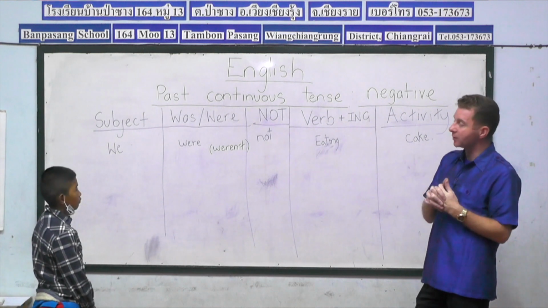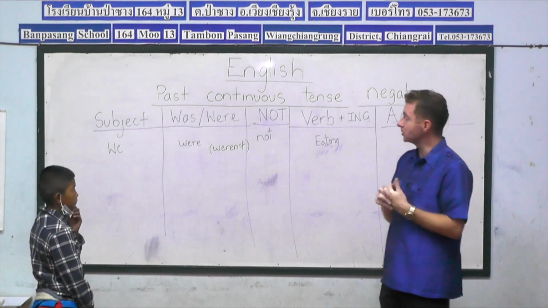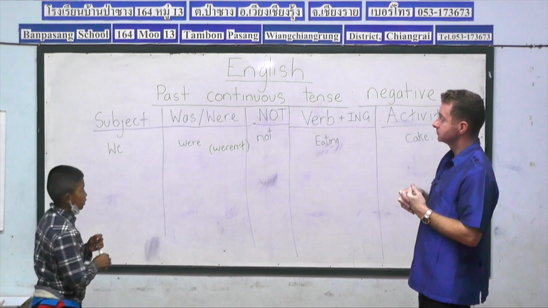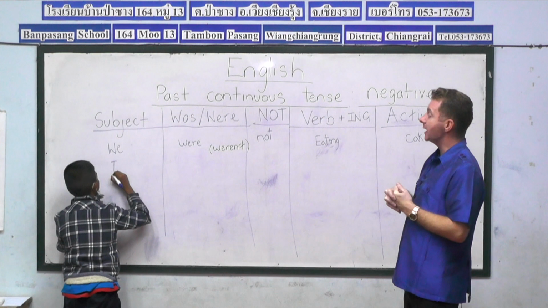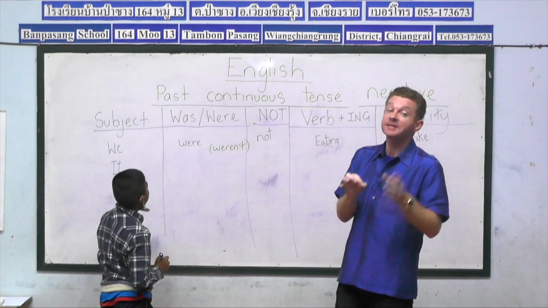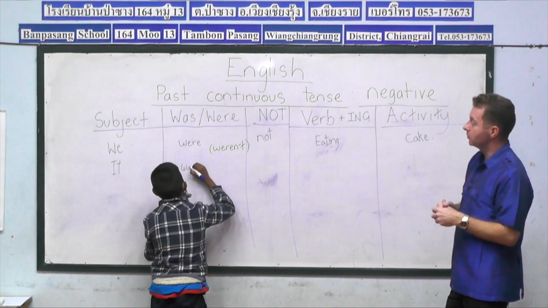What's the first word we need, guys? What type of word? A subject. So Pat, can you think of a subject word to use for us? It. Okay, so we're talking about an animal. I-T. If we use the subject pronoun it, was. Okay. W-A-S.